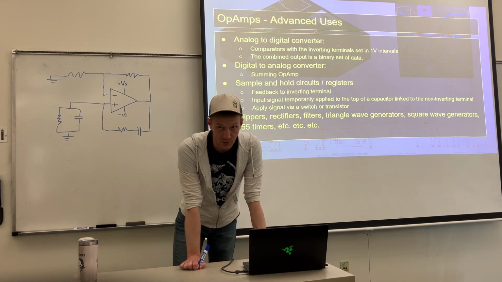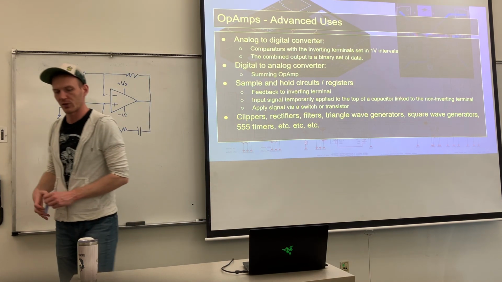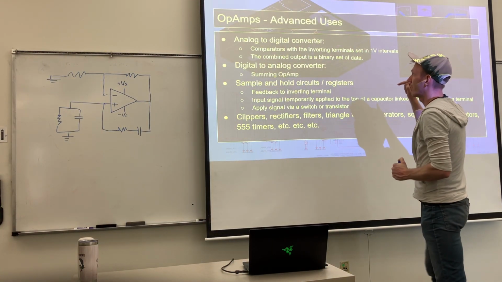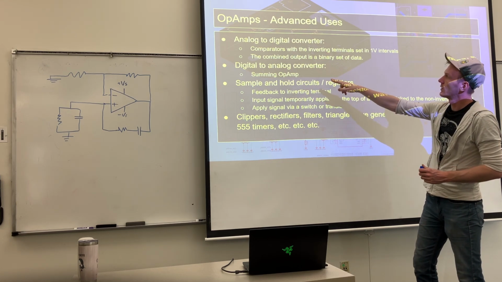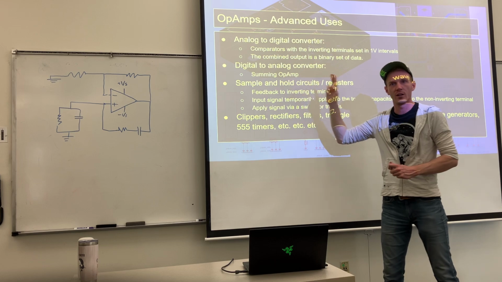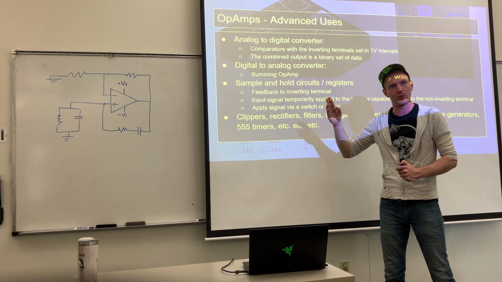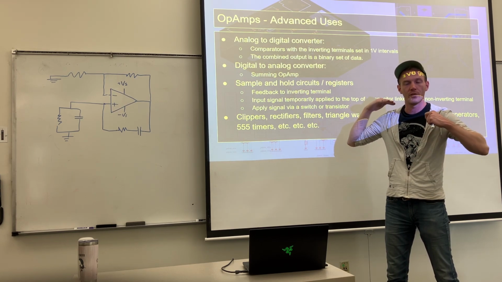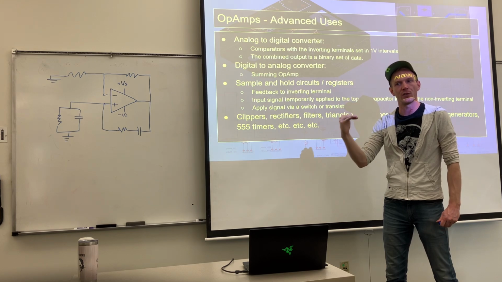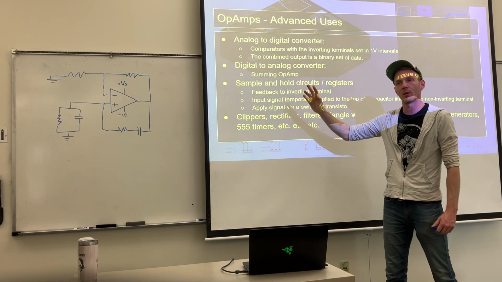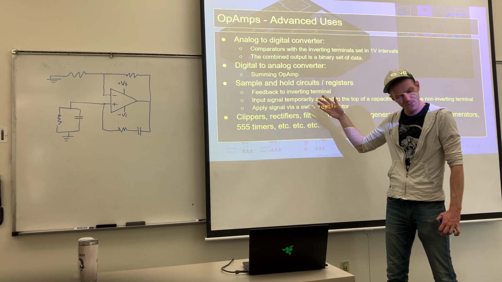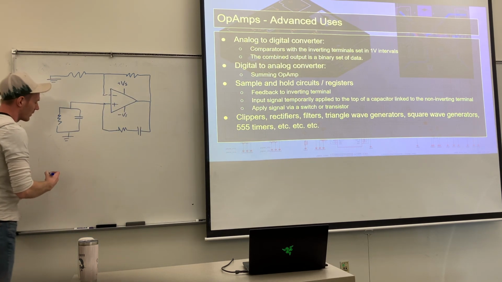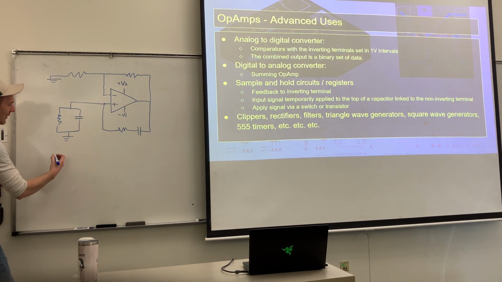So this is just kind of blanket advanced uses. I didn't want to take a picture and put them in for each one of these because there's a whole bunch of them. But this is what I was getting at with a summing op amp, digital to analog converter. So think about summing a bunch of digital signals. If you have a bunch of binary ones and binary zeros, then you can take all of those and say, great, that is now some analog signal. Which is to say, if you imagine sending in a 4-bit system, right?